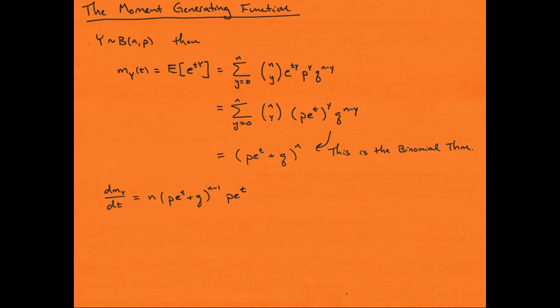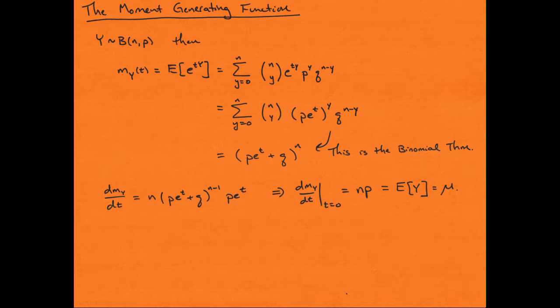So that makes you recall a little bit of your chain rule there. And if we evaluate the derivative at 0, we end up with the expected value of Y just being n times p.